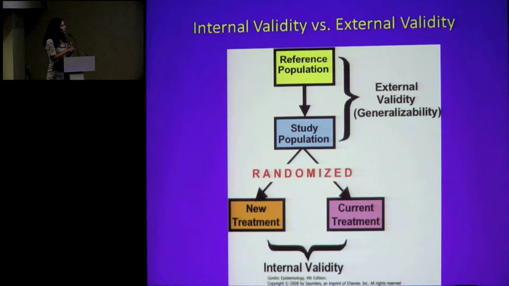But that is different from the external validity of your study, which refers to how you can apply your results to the reference population from where you recruited study individuals. So being able to also recruit a study population that is representative of the reference population is going to be important for you to be able to make conclusions of not only how well your screening test works for people who participated in the study, but for people in the general population.